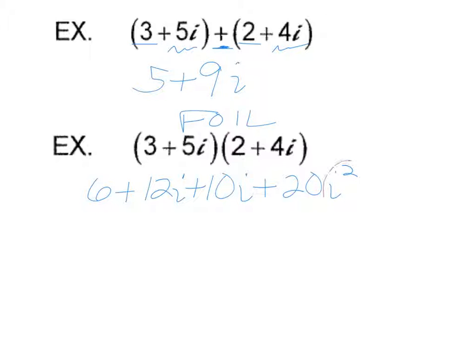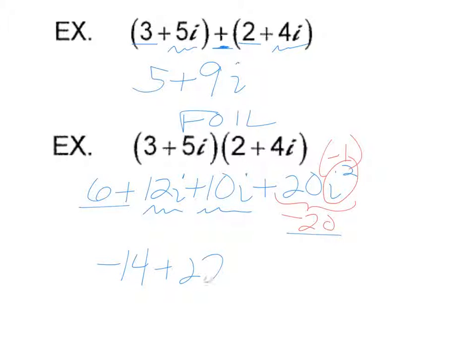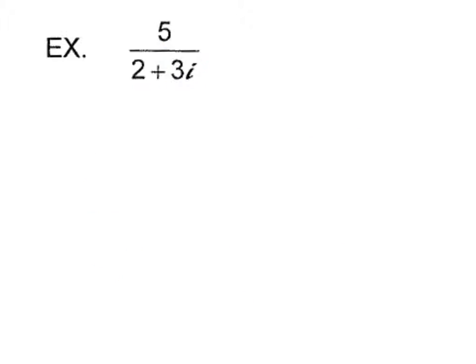Every time you see an i squared, you can completely replace it with a -1. So in the back, what we really have is 20 times -1, which is -20. Now combine like terms. 6 minus 20 is -14. 12i plus 10i is positive 22i.